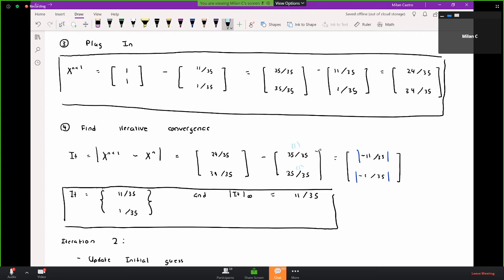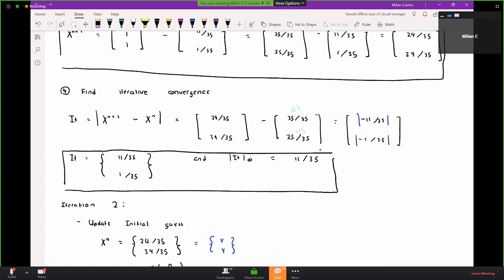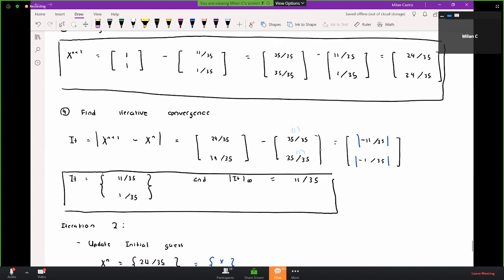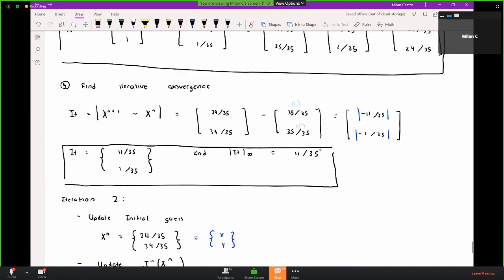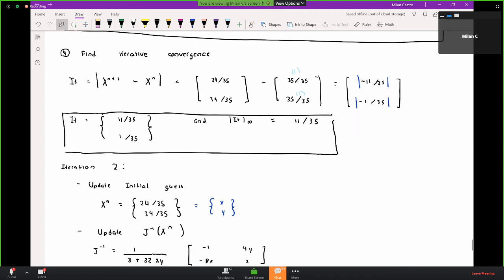I just multiplied by 35, and you ended up getting negative 11 over 35 and negative 1 over 35. And you take the absolute value, and therefore the infinity norm of the iterative convergence is equal to 11 over 35. And then we have our second iteration.